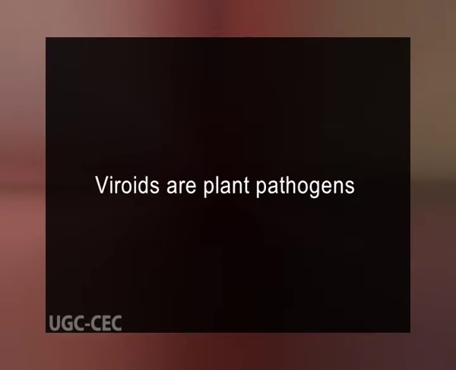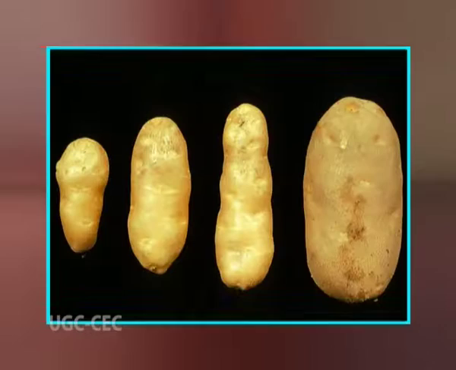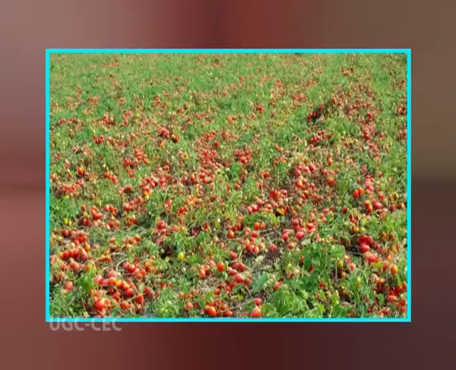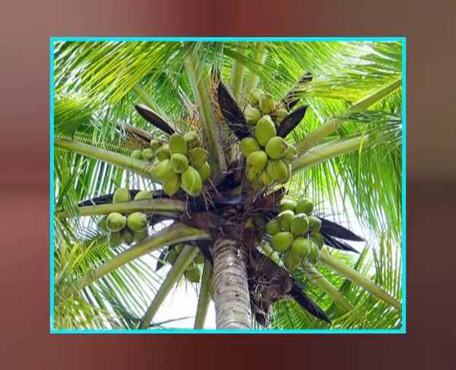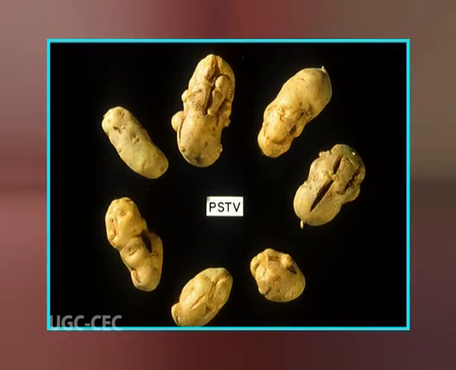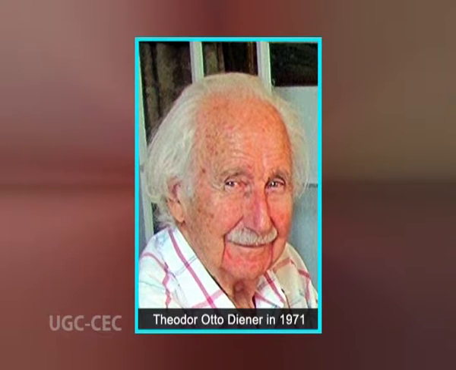Viroids are plant pathogens that can quickly destroy entire fields of citrus, potatoes, tomatoes, coconut palms, and other crop plants. The first viroid discovered is potato spindle tuber viroid, PSTV. It was discovered by Diener in 1971.